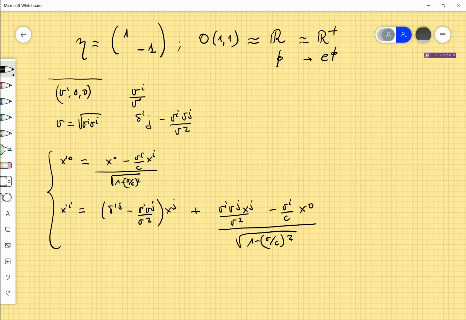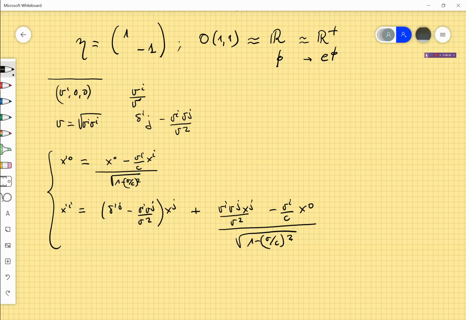These are not yet the most general Lorentz transformations. They are the most general Lorentz boosts, assuming that the axes of the two reference frames are parallel, but that the speed of one with respect to the other is not parallel to x1, the axis 1, which is parallel to x1 prime, but has a completely general direction.